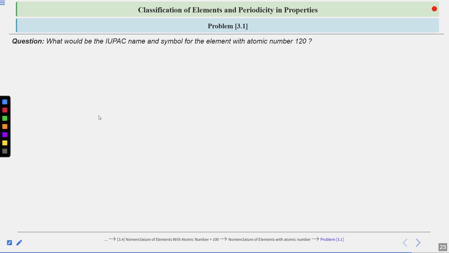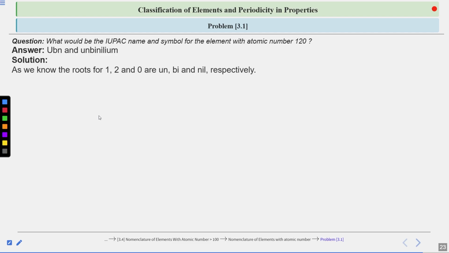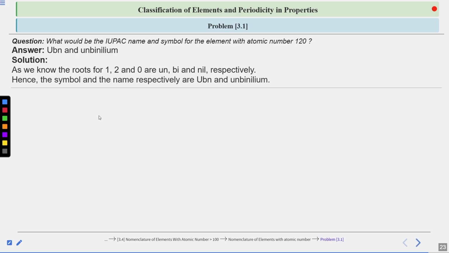So what will be the name and symbol? The name would be unbinilium and the symbol would be UBN. So it's very easy to solve. Just write the roots accordingly for 120 and you will get your symbol and name both.